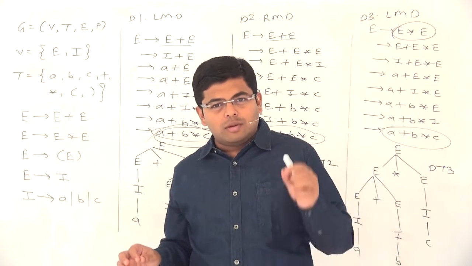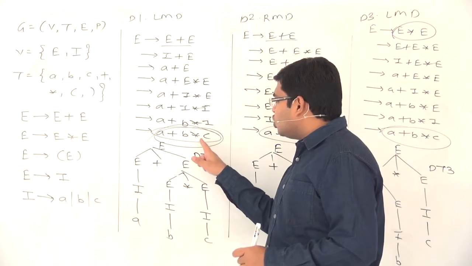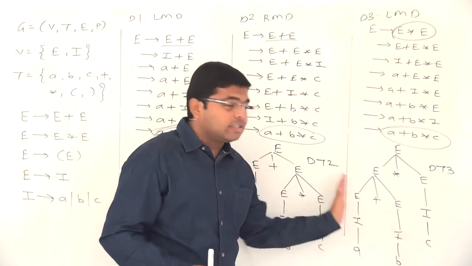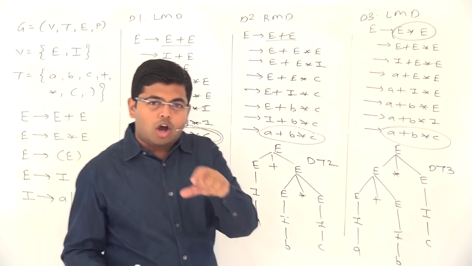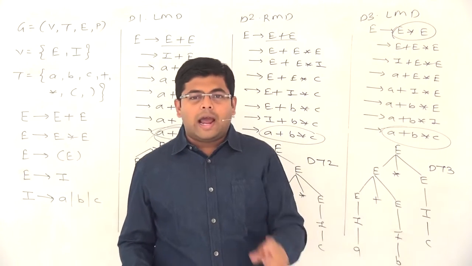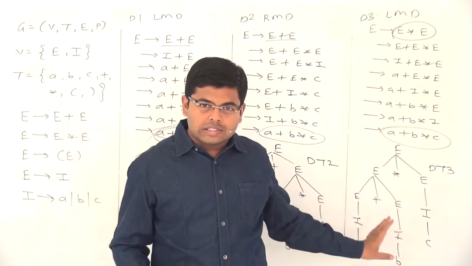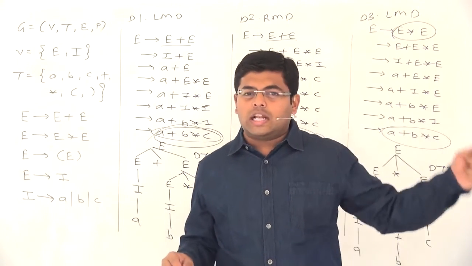A grammar will be called an ambiguous grammar if there is at least one string for which multiple derivation trees are possible. That is the definition of ambiguous grammar. At least one W such that W has multiple derivation trees. At least one word has different derivation trees, it will be called an ambiguous grammar.